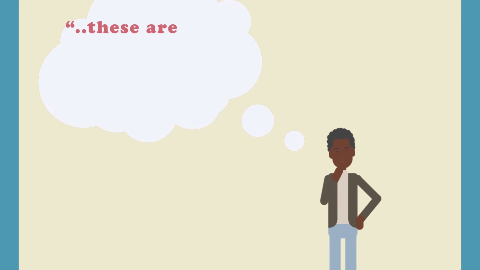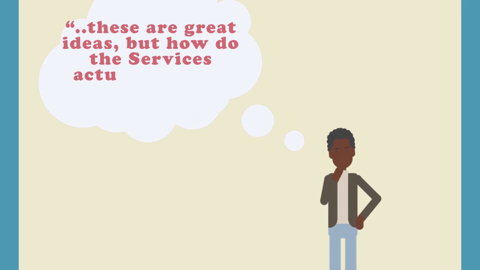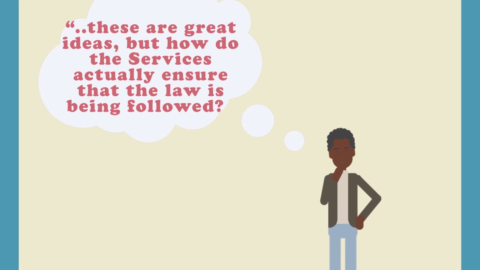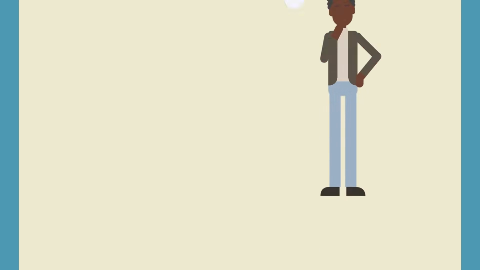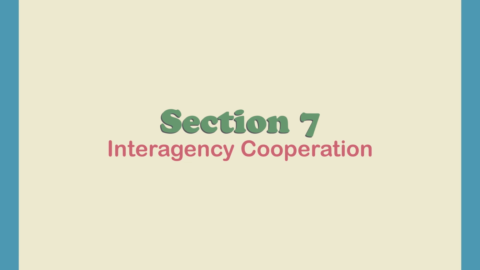Okay, so by now you're probably thinking, these are great ideas, but how do the services actually ensure that the law is being followed? This starts in Section 7 of the Act, which covers Interagency Cooperation. If you're a new biologist or have spent time around the service's Ecological Services program, you may be familiar with this section.